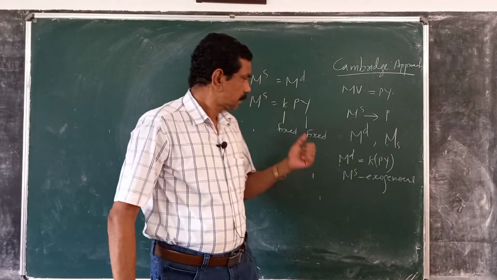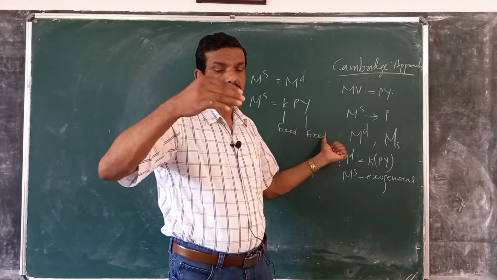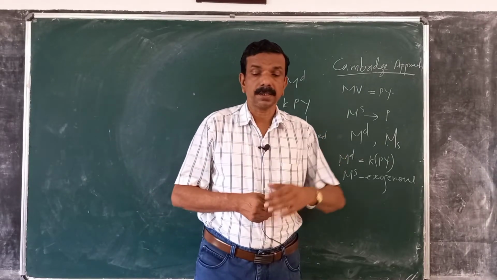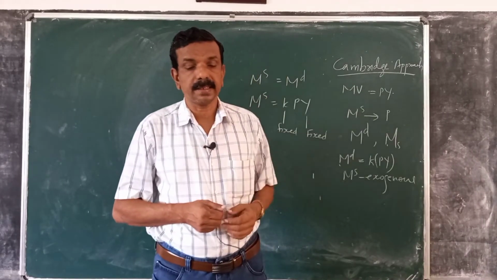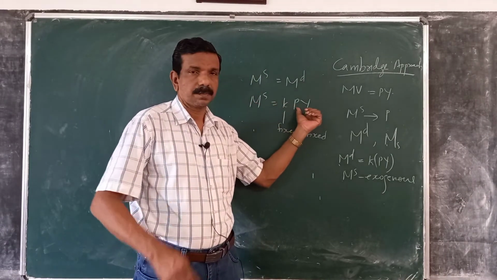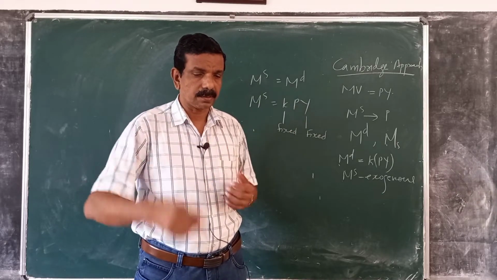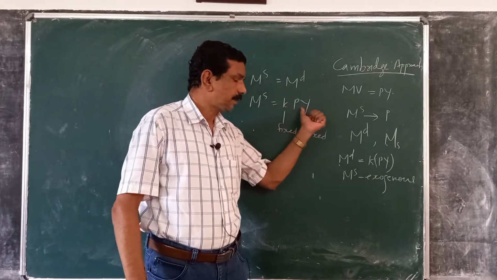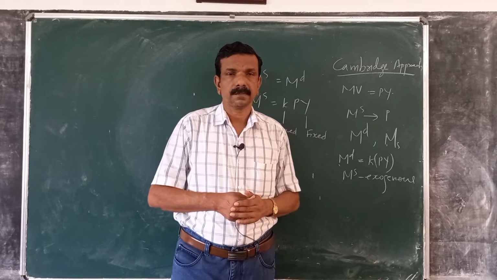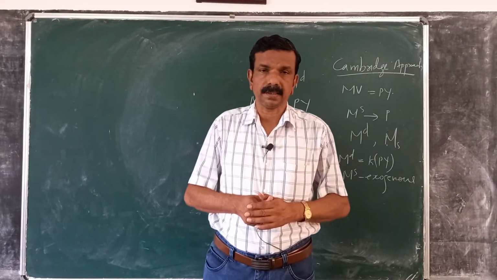So, given that K and Y are fixed, the Cambridge equation also reduces to a proportional relationship between P and MS, price level and money supply. So, in this version also, quantity of money determines price level.